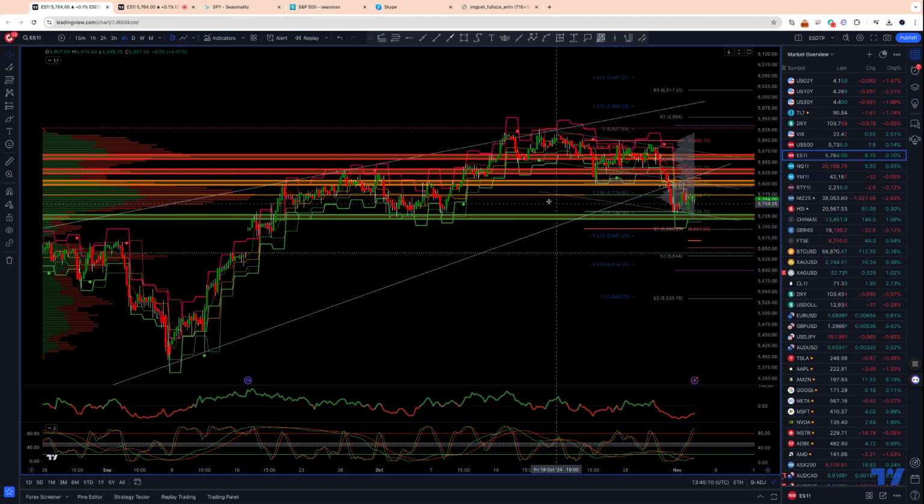Now, heading into the election results as they start to come through, if we start to trade below the 5,700 handle, remember we have a contract rollover gap down to the 56.30s. That coincides with the value area low for this 4-hour profile.